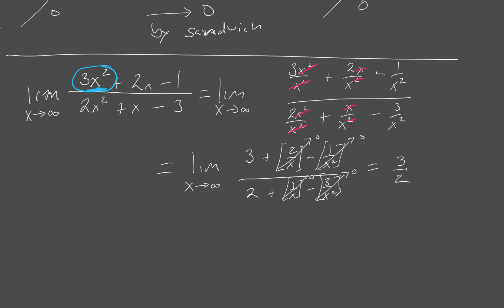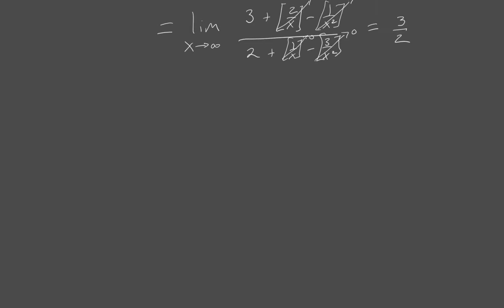Okay. Maybe from algebra, sometimes you remember if you have two same degree polynomials, to find the horizontal asymptote, you take the leading coefficients and divide them by one another. Well, that's true, but why it's true is kind of this algebra that we just did here.